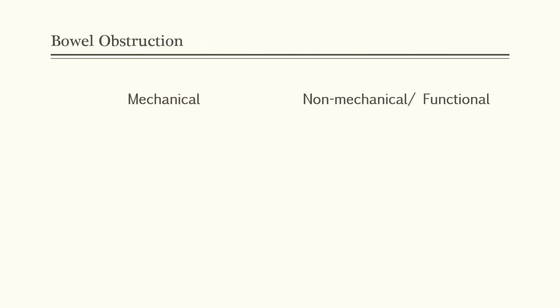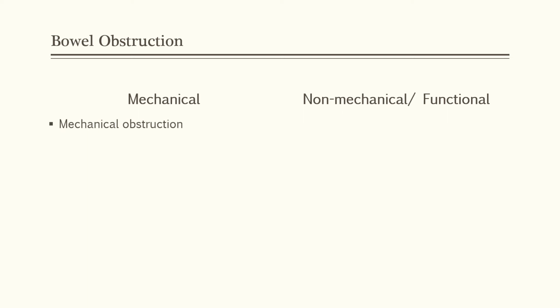So completing a quick compare and contrast between mechanical and non-mechanical or functional obstruction, the very first thing is looking at the cause. With mechanical obstruction, there is a physical obstruction that is preventing contents of the GI tract from flowing through the lumen.